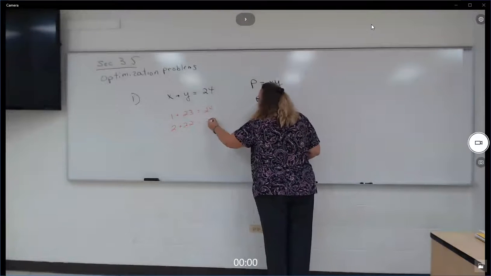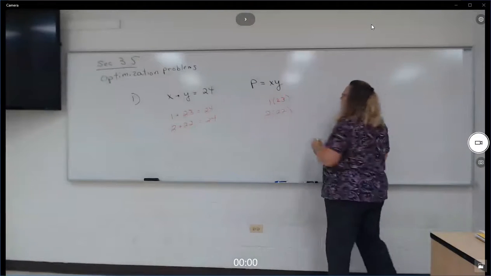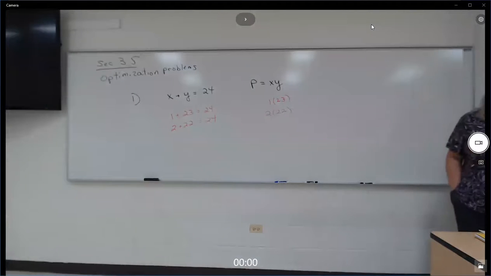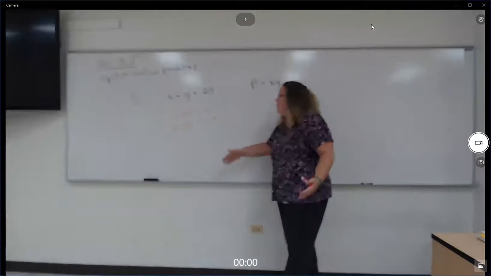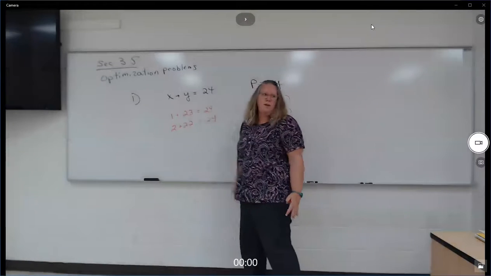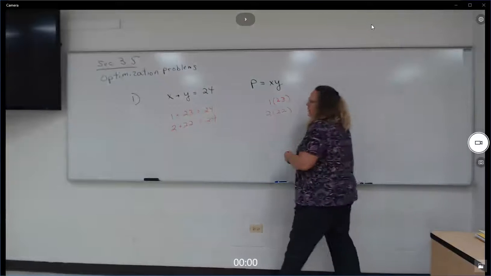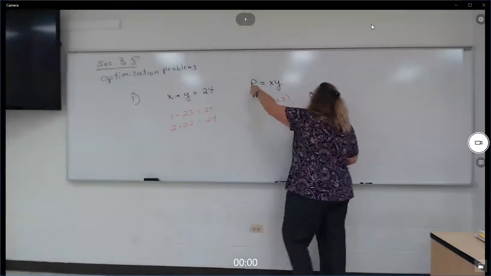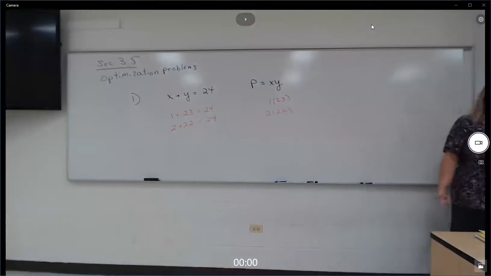That sum is 24, but 2 times 22 gives us 44, right? We want two numbers, and they don't even have to be whole numbers. They could be fractions, decimals, things like that. Pick out two numbers that add to 24, but their product, when we multiply, is the biggest possible that it can be.